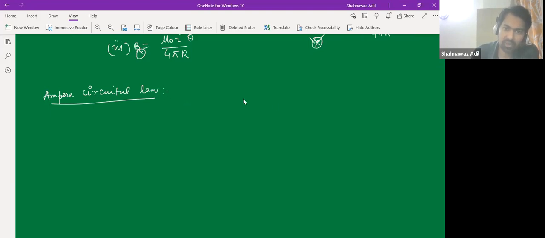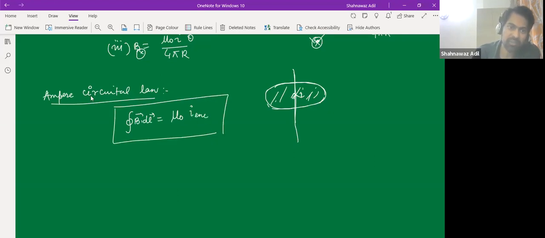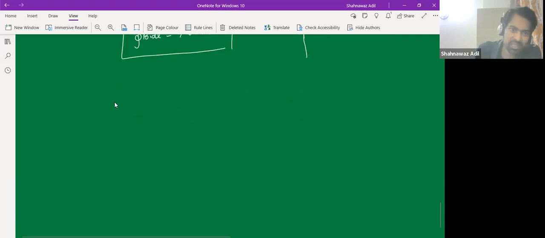This Ampere circuital law says that if we have this current carrying wire and we have this Amperian loop, and the current is passing through this area of cross section, then the closed integral of B dot dl would be mu naught times I enclosed.